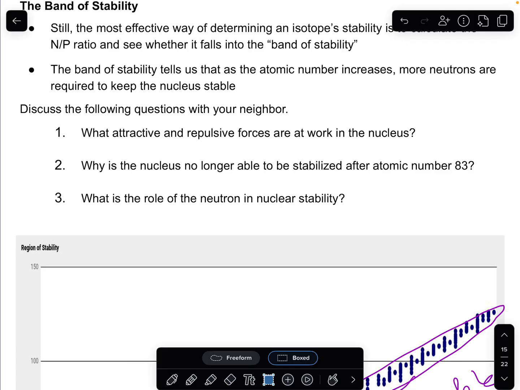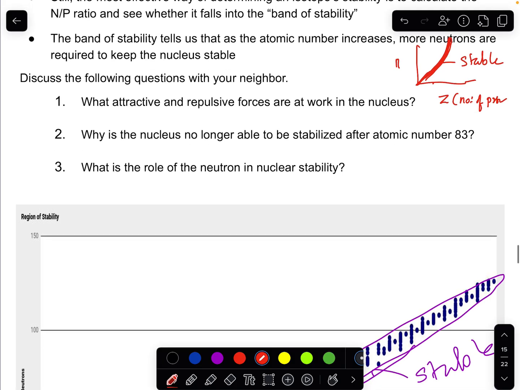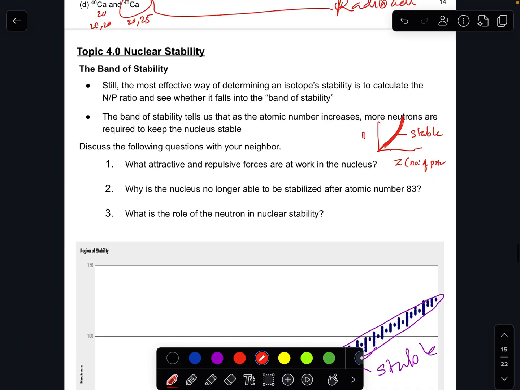When you draw a graph, with atomic number or number of protons here and number of neutrons here, you can see that till atomic number 20 the line is very linear, then it kind of goes like this. If the N by P ratio lies on this line, they are stable. Okay, let's go see that.